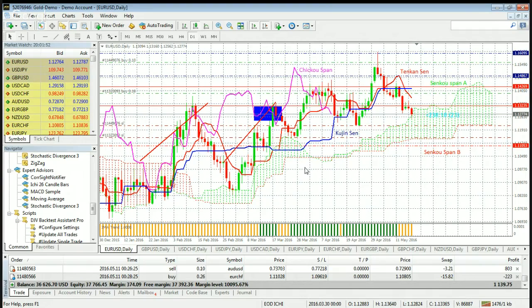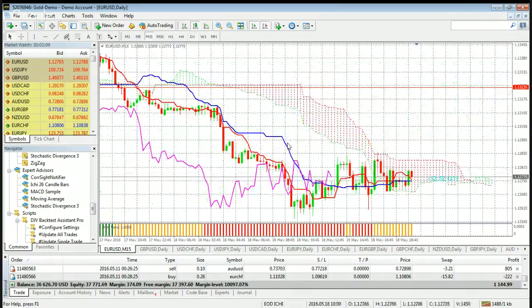Now what we're looking at is the Euro US dollar daily chart. Earlier today I was obviously trading intraday. We looked at more of a bearish type of market for the day. If we look at the 15-minute chart, we can see we had a nice drop earlier in the day.